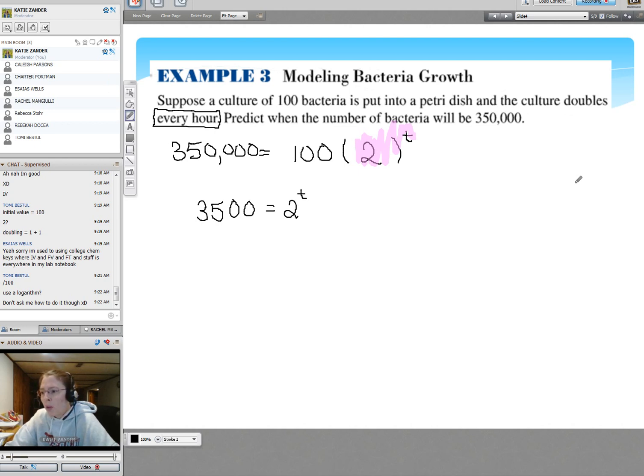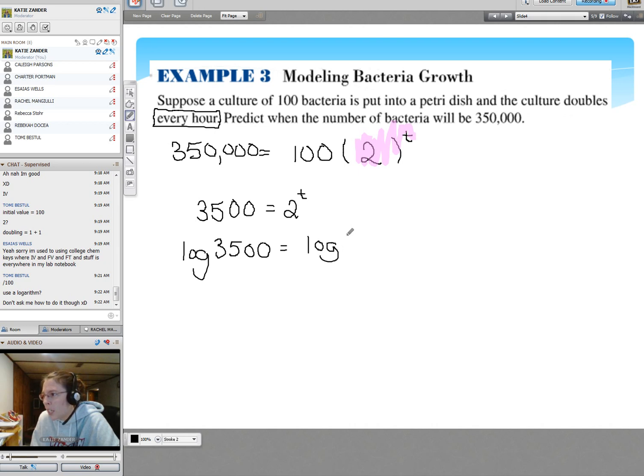So if you can't remember those right now, you're in luck. Those are coming up in the next lesson, so you'll have a good refresher there. All right, so if we do the log of both sides, so log of 3,500 here equals the log of 2 to the t power, we can bring the exponent out in front of that log.